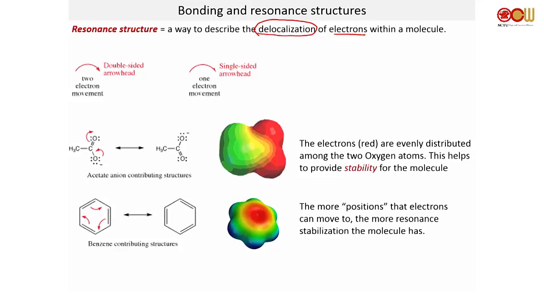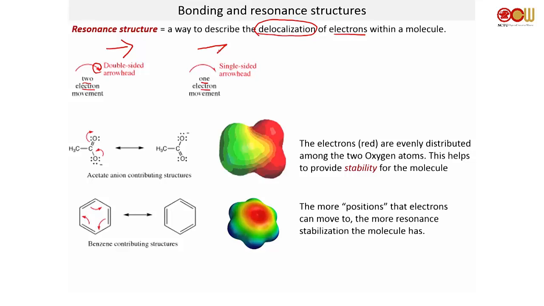So electron movements, we have two types. We have a two-electron movement shown by an arrow that looks like that, or a one-electron movement shown by a nasty half arrow that looks like that. Half arrows don't happen that much in biochemistry compared to the double arrow, but they do happen.